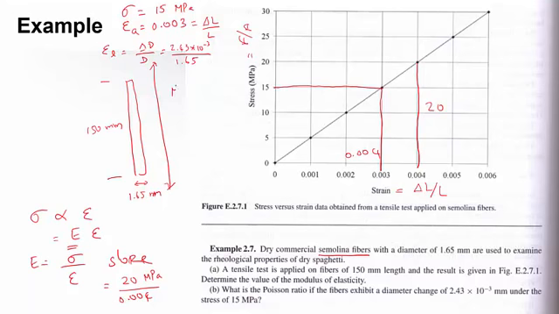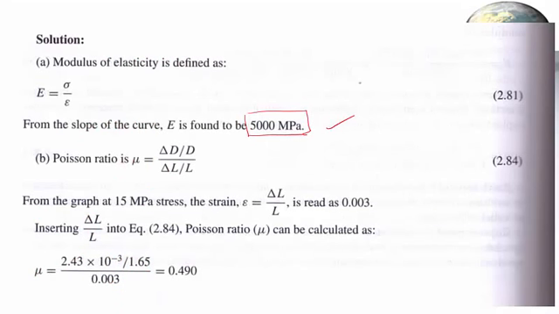Then the Poisson's ratio is lateral strain by axial strain. So again, the axial strain is 0.003. Mu is equal to delta D by D divided by the axial strain, which is 0.49. This is close to the value of 0.5, meaning that the volume change is almost close to 0.